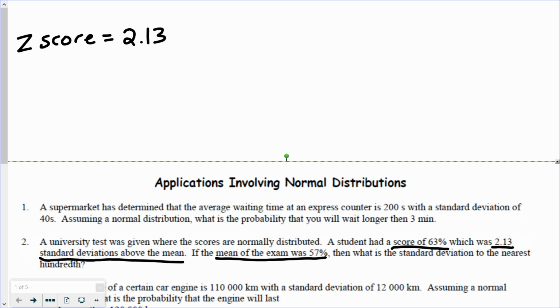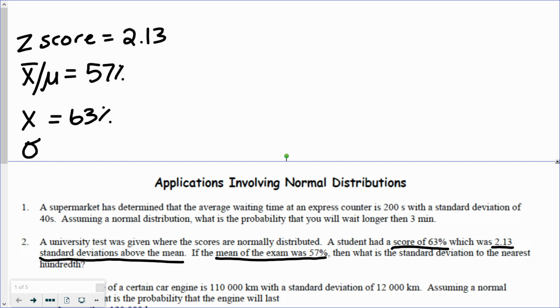We know the mean, either x bar or mu, is equal to 57%. And his raw score, if we're thinking in terms of the Z-score formula, represents x because that's his data point, is 63%. And it's asking us for the standard deviation.